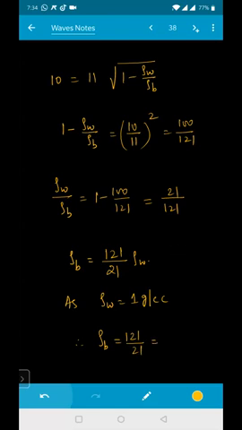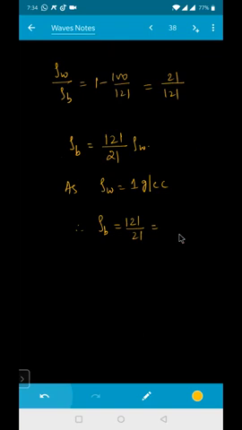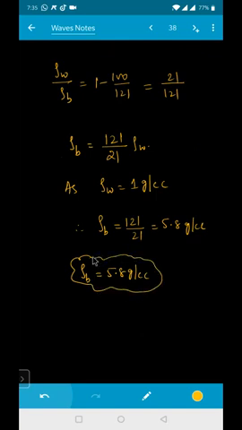Can anyone tell me? It is 5.8 gram per cc. So the density of the body will be equal to 5.8 gram per cc. This will be the density of the body. Is it clear?